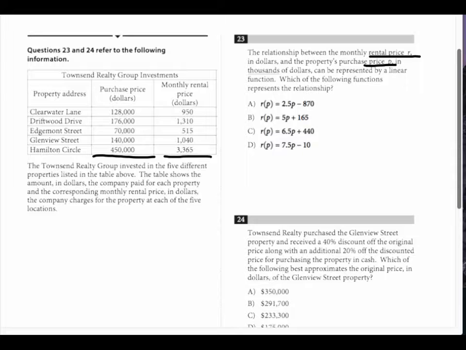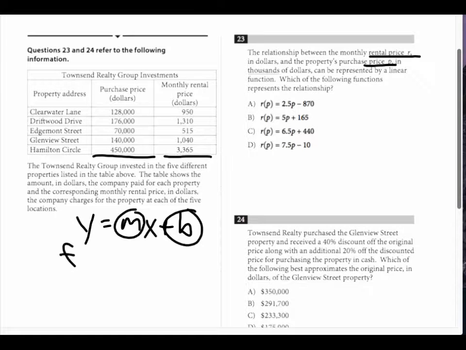Well, the linear function represents the relationship, and remember it's linear, so let's do a little quick review. y equals mx plus b, where m is the slope and b is the initial condition or the y-intercept. We could use function notation like this, f of x equals mx plus b.